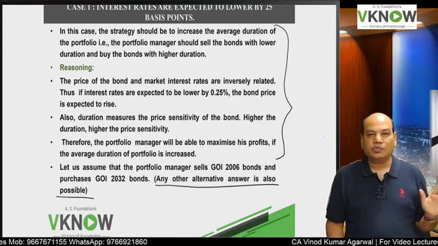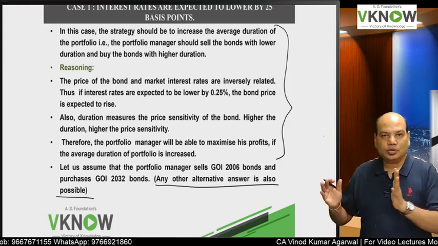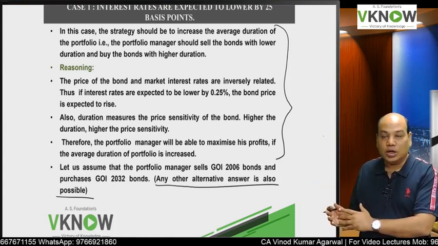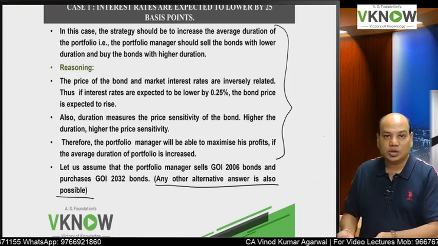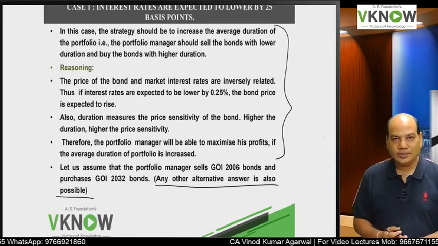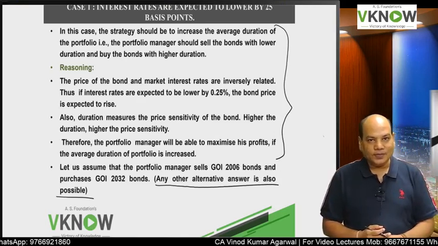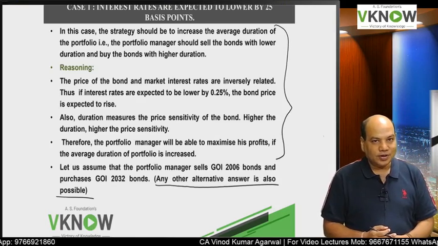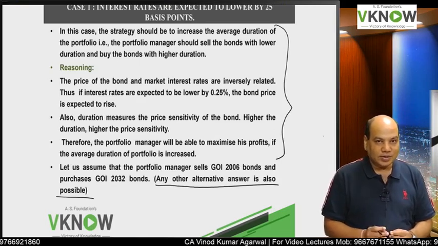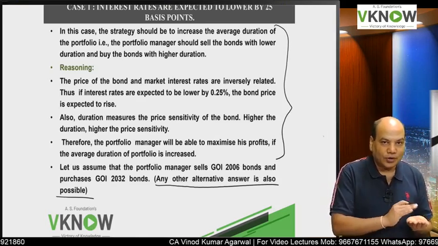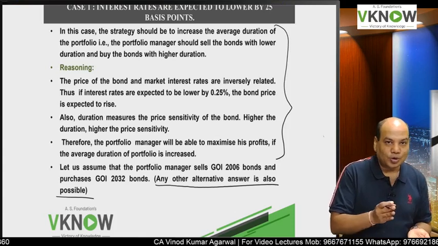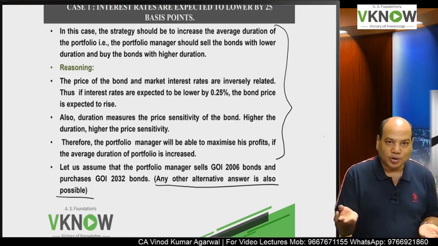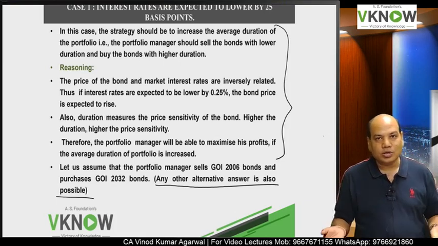But what happens if you put all your funds in 2032 bonds and your expectation does not materialize? If the rate of interest instead of falling goes up and you put all your money in 2032 bonds, there will be a huge loss.